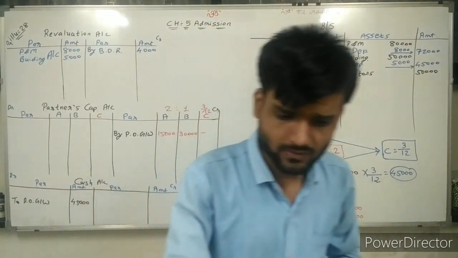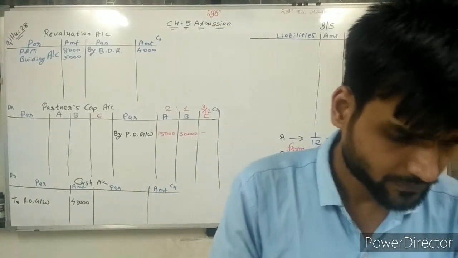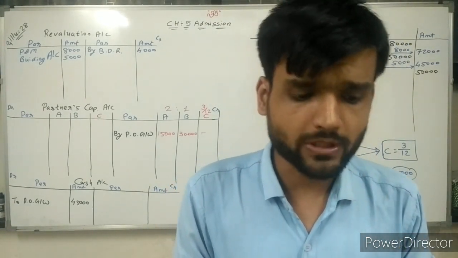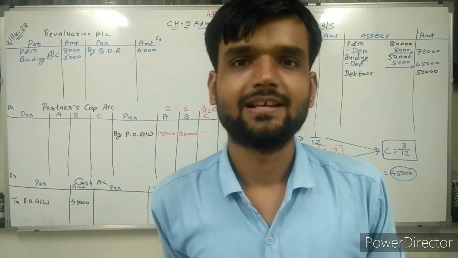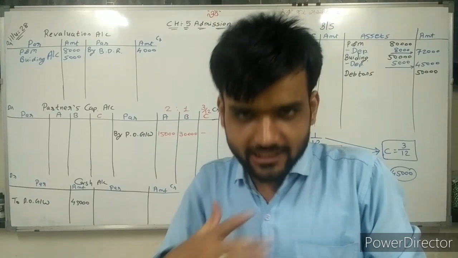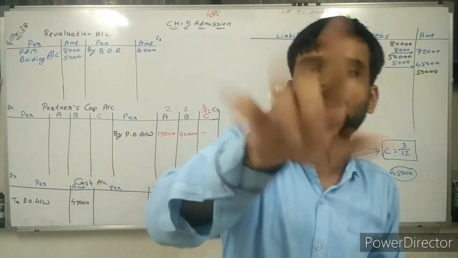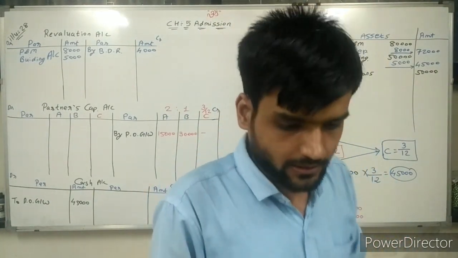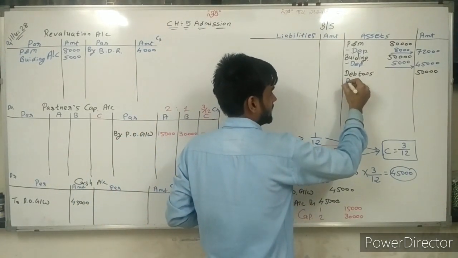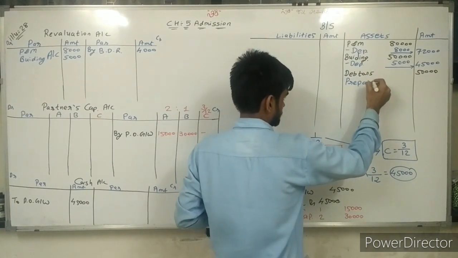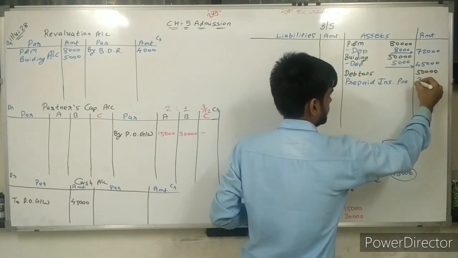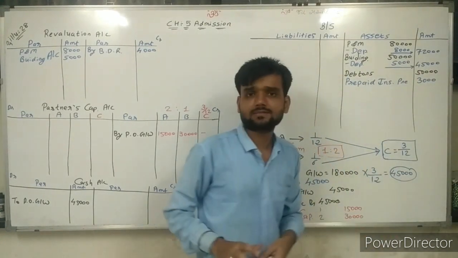Going ahead. Next adjustment. Insurance premium of rupees 3,000 is to be carried forward to the next year. Now, because next year's insurance premium is paid, that is my asset. Asset increase. So we are writing 3,000 prepaid insurance premium 3,000 rupees.